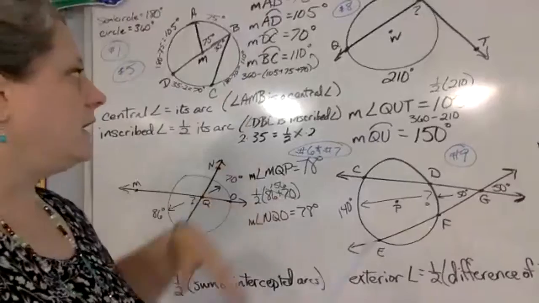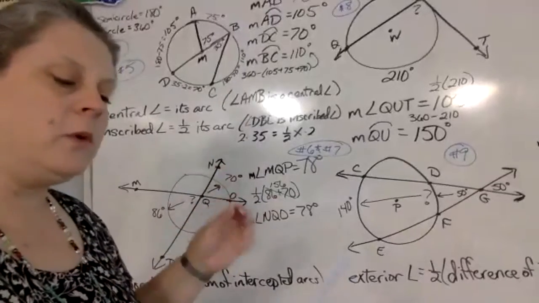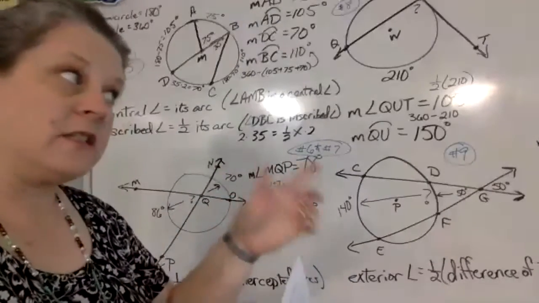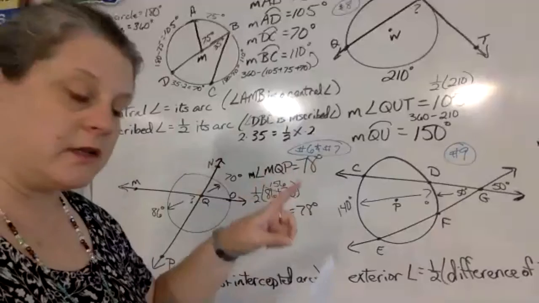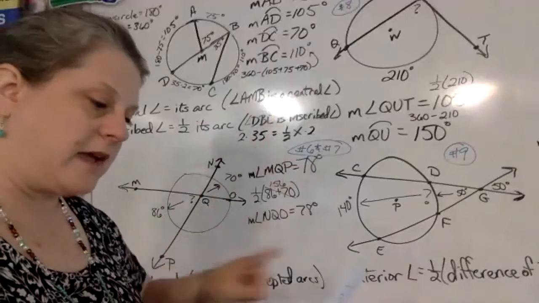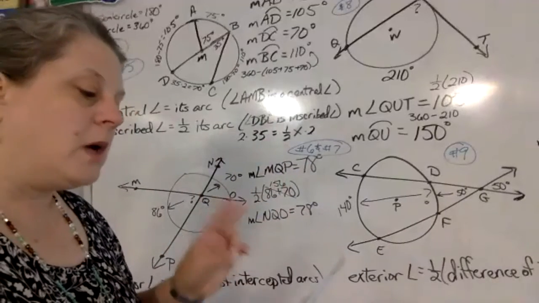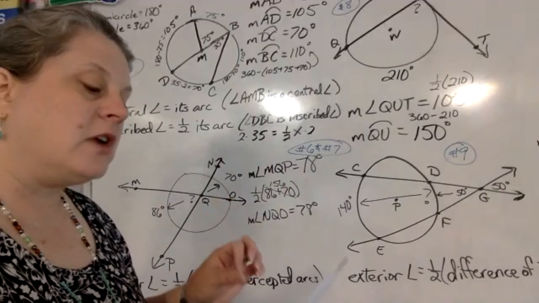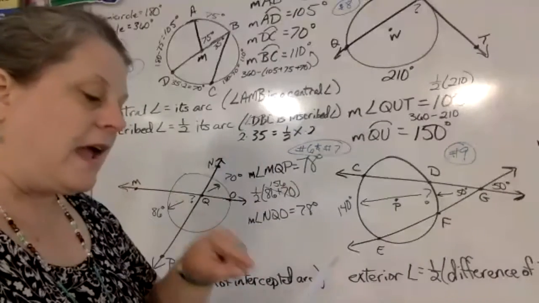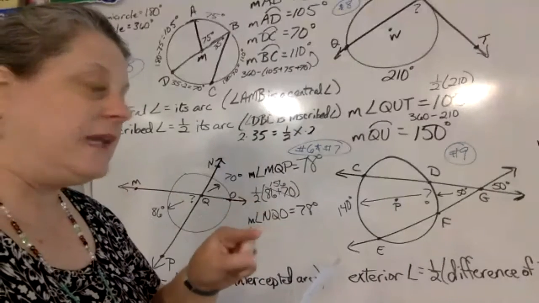All right, so on number 1 for part A, you do like I just talked about on number 4. You just add the two parts of the arc together to get the entire arc from X to Z. Part B, it wants to know the measure of the arc XZY.